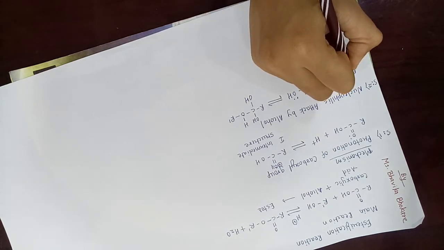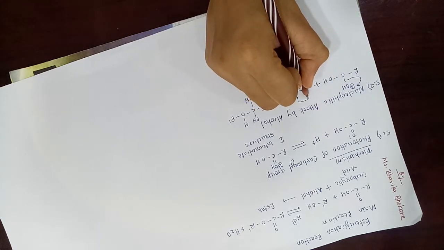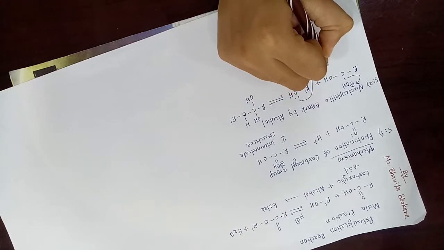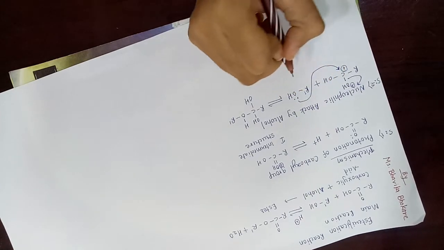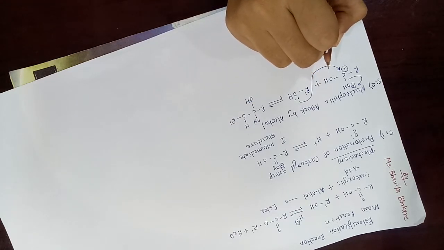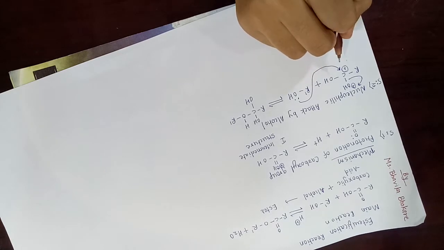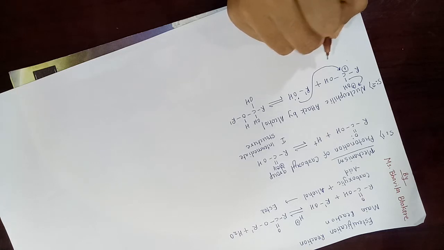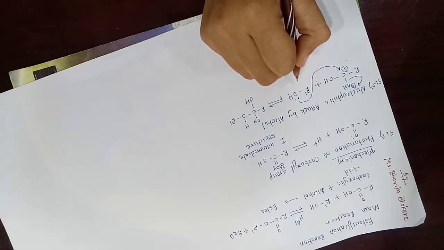So this will go here and this lone pair will be shared here. Oxygen will get back the electrons. As a result, carbon will get the positive charge. The electrons present on the oxygen atom of the alcohol will be shared with the carbon atom.